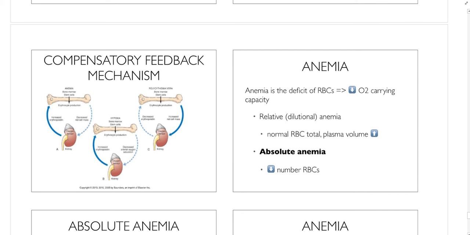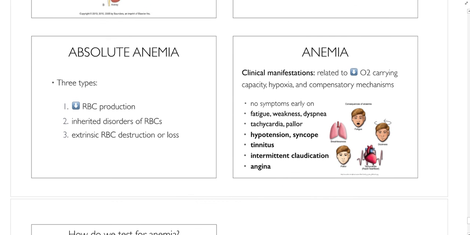In relative anemia we have a normal red blood cell total, but the plasma volume has increased, so it's diluting the red blood cell concentration, kind of like a hypotonic solution. Absolute anemia is where it becomes a real problem, with a measurable decrease in the number of red blood cells.